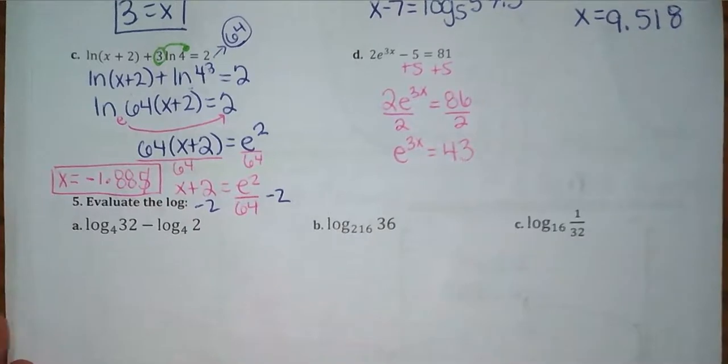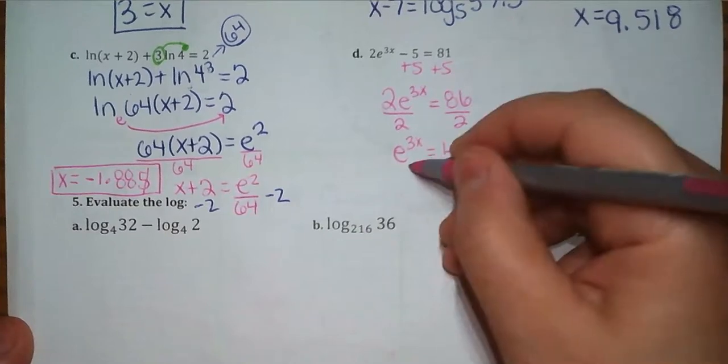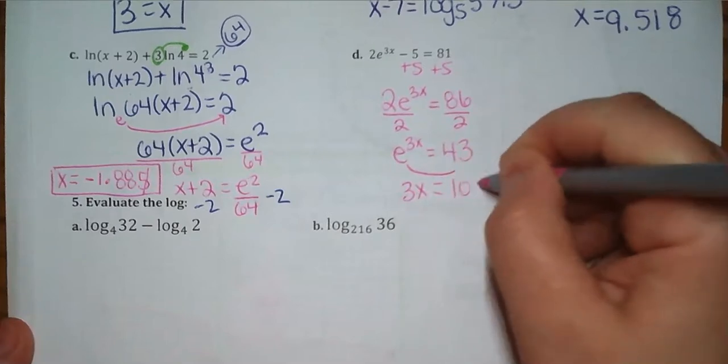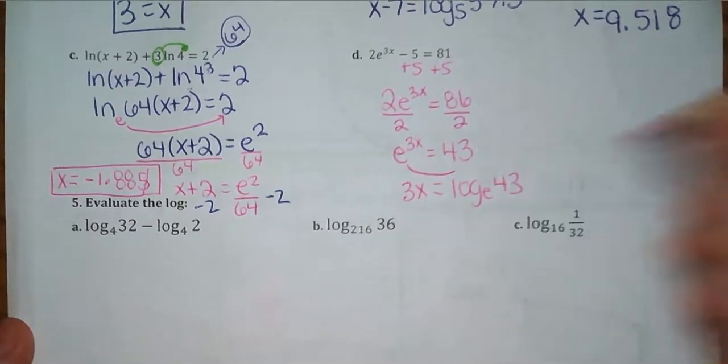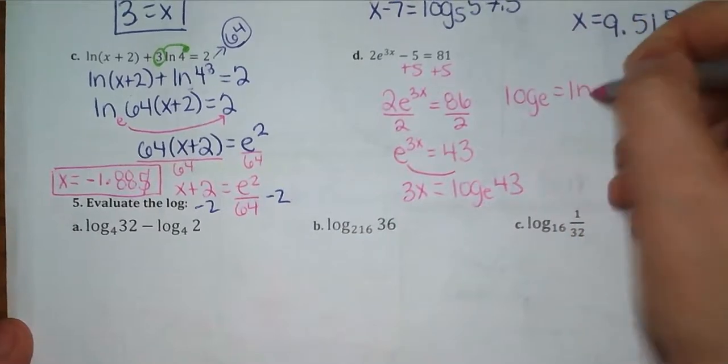Now, to get that exponent down out of the exponent, bring it down on the level with the rest of the question, we're going to swing this. The base of your exponent becomes the base of a log, and if you remember, log base e is the same as the natural log.